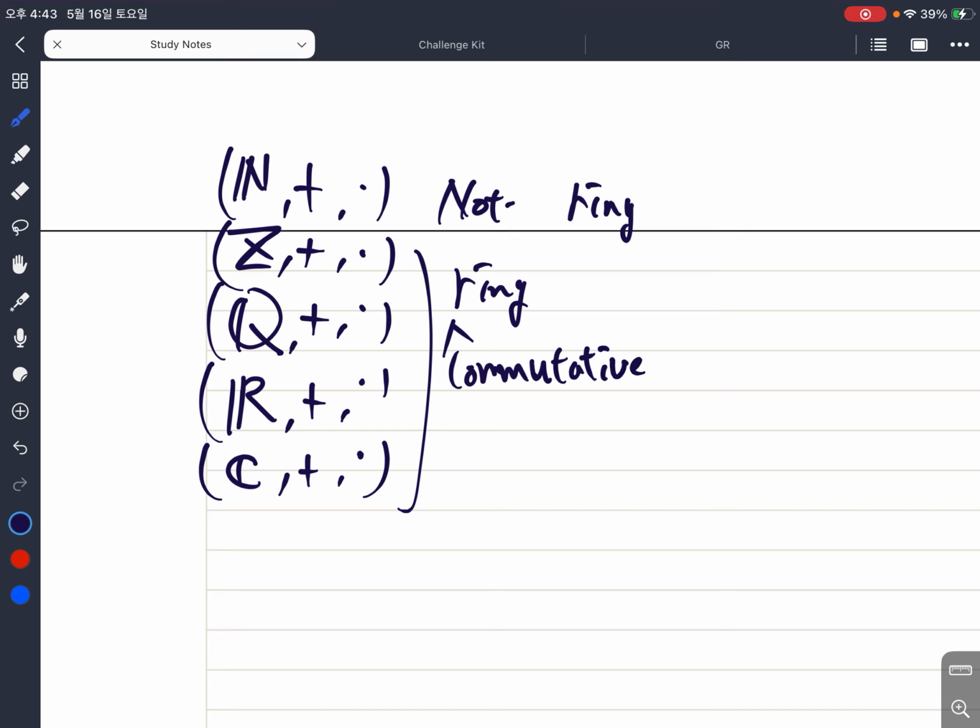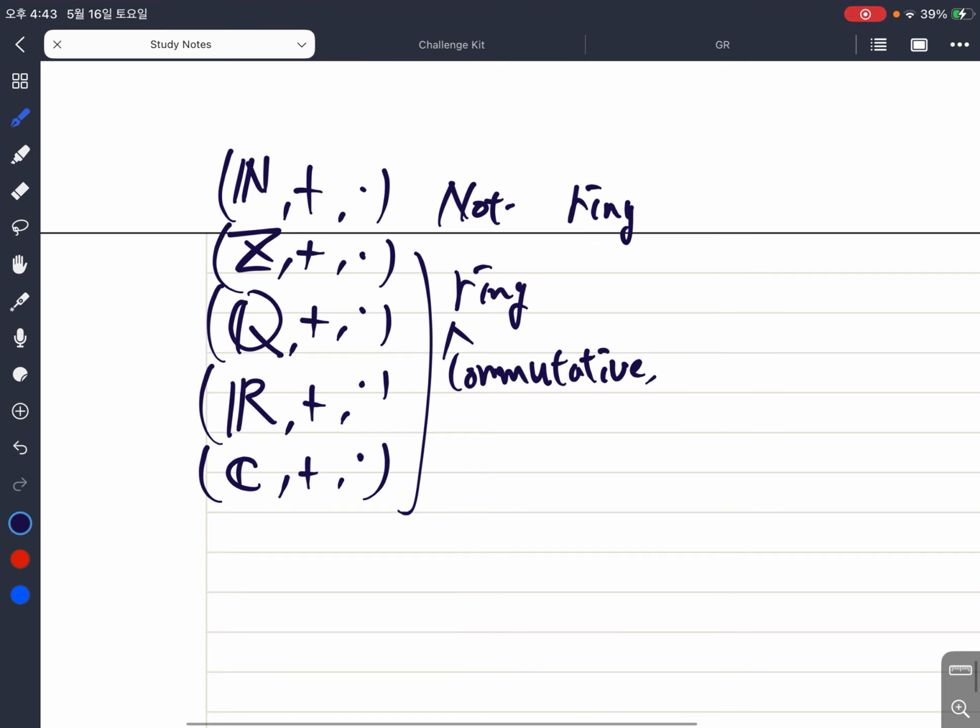And every number that I choose here contains 1, so 1 is the multiplication identity, so it is also unitary. Not only unitary, does it also have inverses? No, only these 3 have inverses. These 3 are not only unitary, they are division rings.